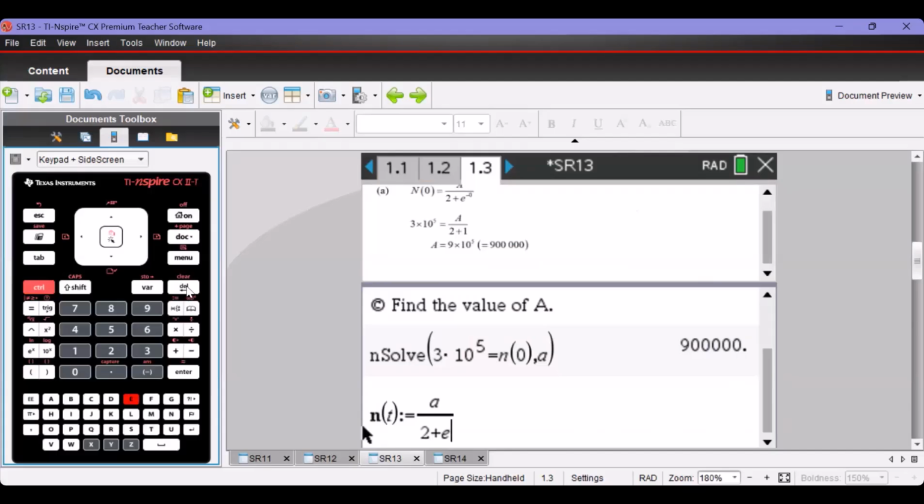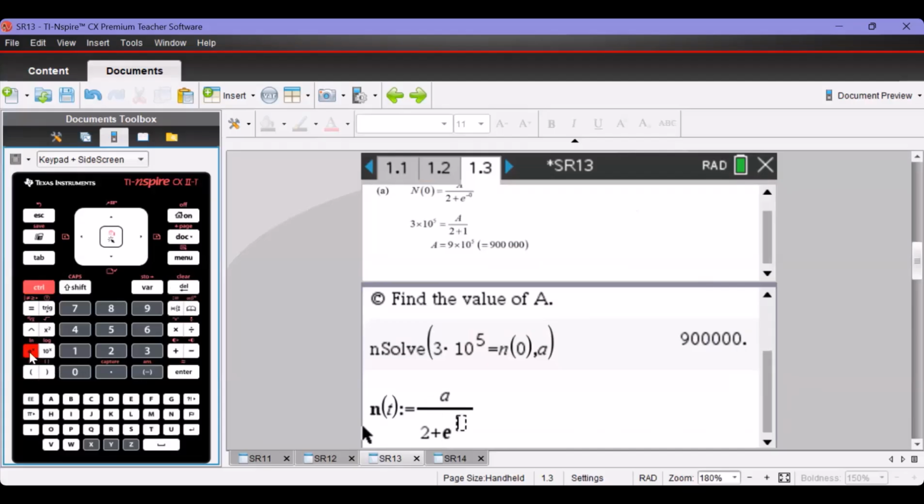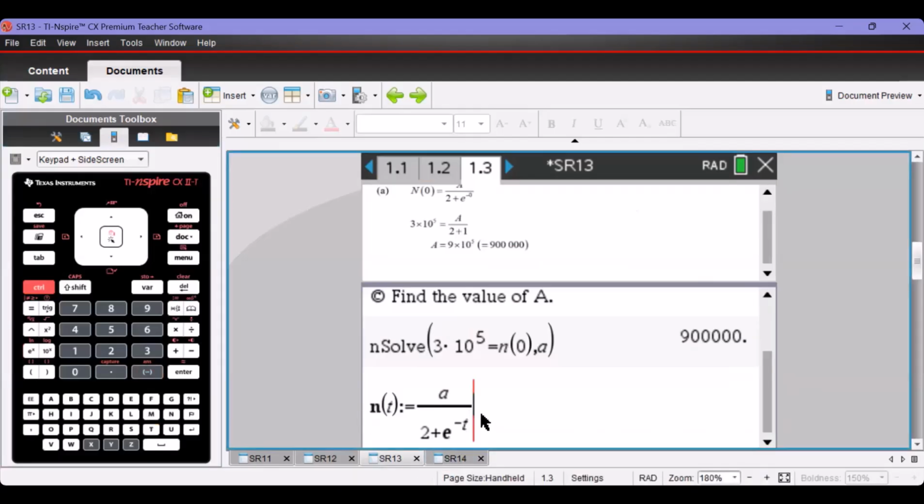You want to look at the e to the x key, not letter E. If you press e to the x, notice that the E is bold and italicized, and it gives you an opportunity to add the superscript or the power. In this instance, you would type in negative t, and then you would press enter. So that's how you assign n of t.